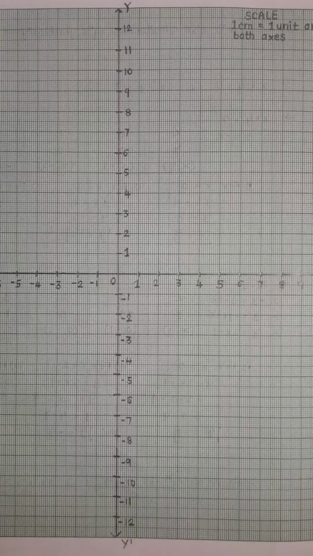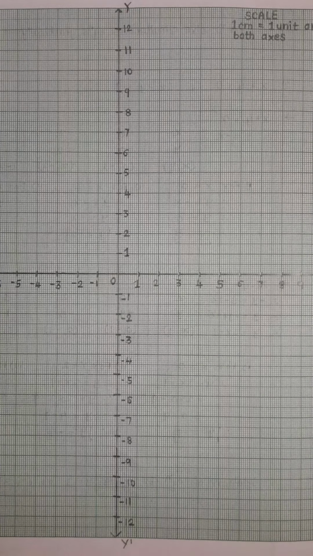Then for the third value, we can take another value of x, that is 2, and from that we have to find the value of y. Therefore write down the equation y is equal to x minus 4. Therefore y is equal to 2 minus 4, and students, we get y is equal to minus 2.